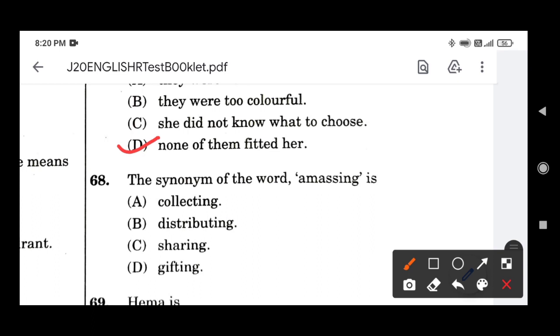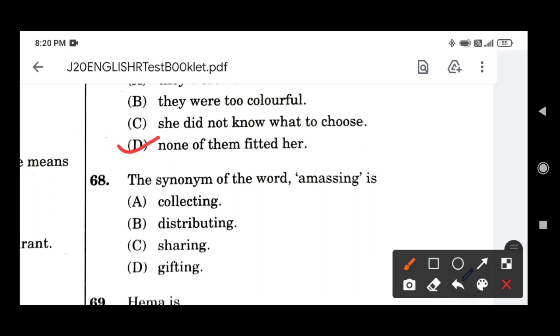And now come to the next question. The synonym of the word amazing. Friends, earlier I told you about synonym and antonym. We need to read thoroughly. Here, synonym means same meaning. So the question is the synonym of the word amazing.